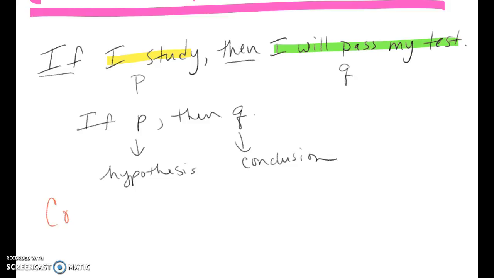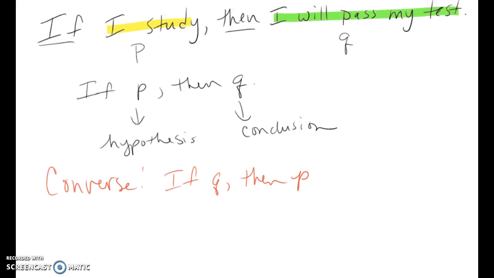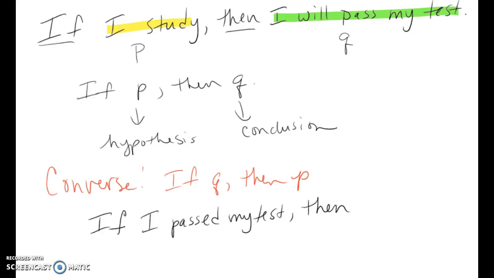Now, the converse is whenever you take the if P then Q and you flip it around. So if Q then P. So your conclusion is at the front of the sentence and your hypothesis is at the back. So with our example above, what that could look like instead is: if I passed my test, then I must have studied.